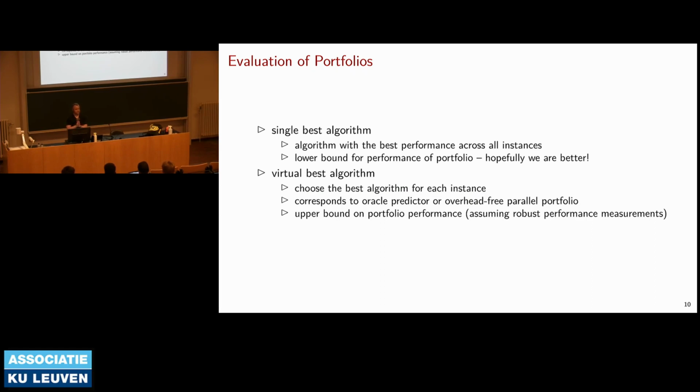This is, of course, specific to algorithm portfolios, because if we're talking about things like automated parameter tuning, then I don't even necessarily know what the best possible performance is, and I can't necessarily bound it in this way. But for portfolios, these are two useful ways of giving us a feeling of what the performance looks like, because if we just have a number, like we can now solve all problems in an average of 100 seconds, what does that mean?